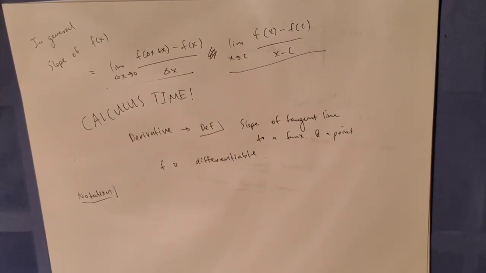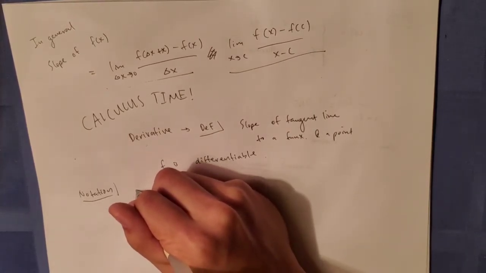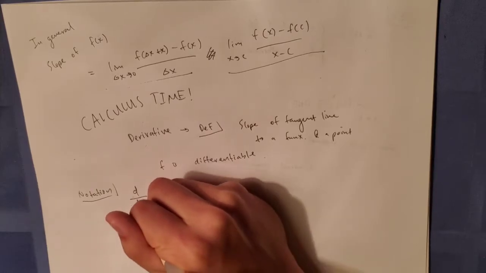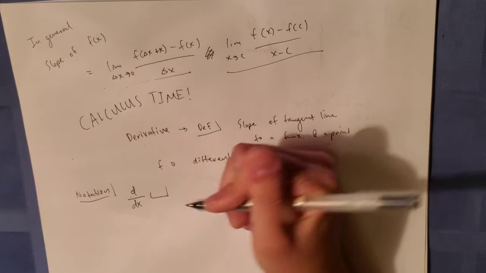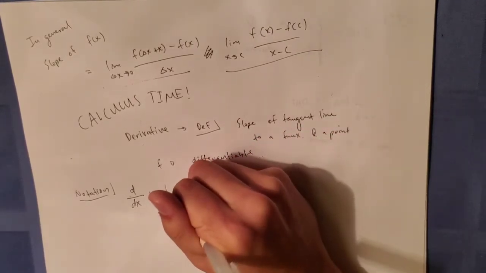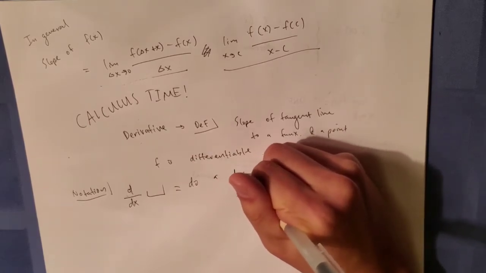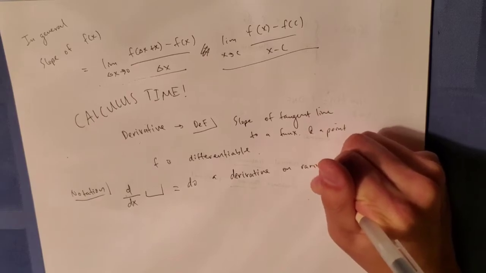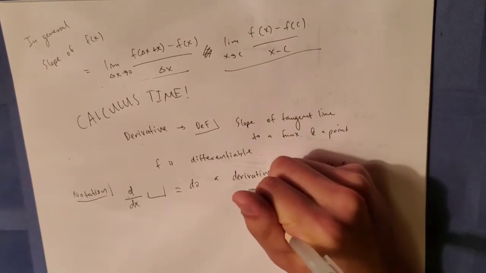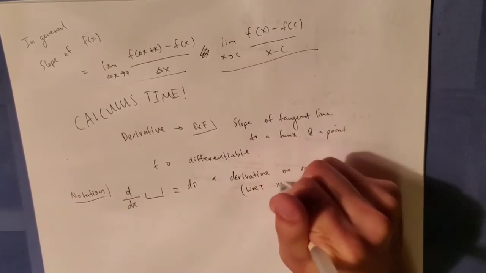So for our notation, we're gonna say that d/dx of some function equals to do a derivative on variable x. So it's like with respect to x. Alright?